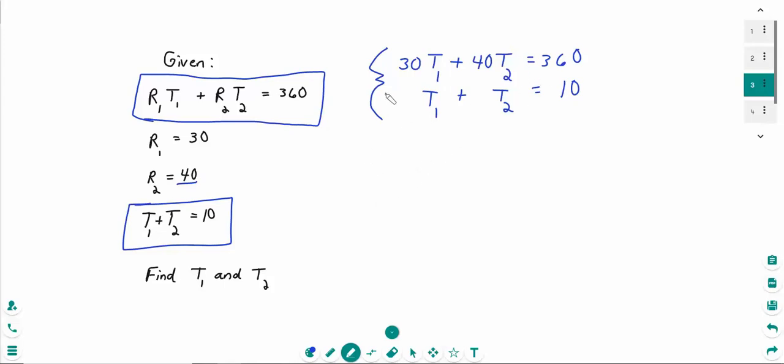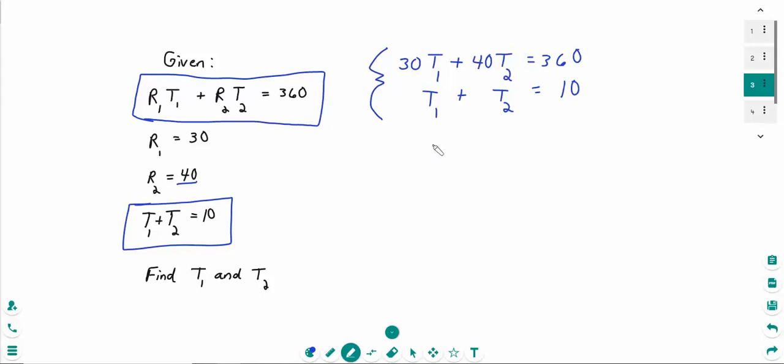And the idea is just to recognize that these problems are dealing with a system of equations, and systems of equations are things that you've been working on for a very long time. So we're trying to develop that, get you used to using systems of equations with word problems, because that's what's coming down the pike here. You'll be given word problems, then you need to use systems of equations to solve them.